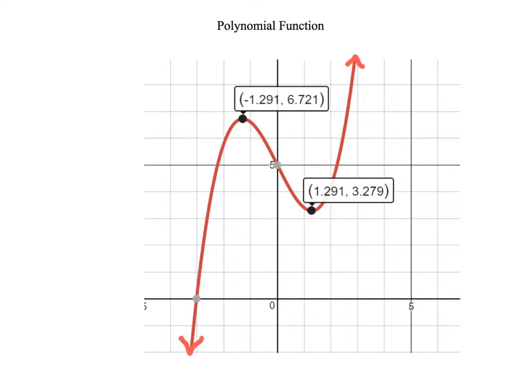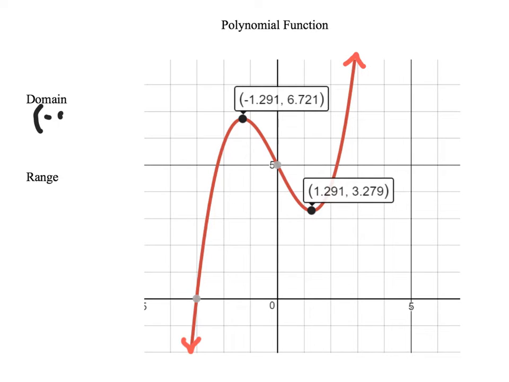Let's start with a basic polynomial function. Would you be able to determine the domain and range of this polynomial function? When we look at our graph, we can see that it is continuous from left to right, picking up all of our x values.